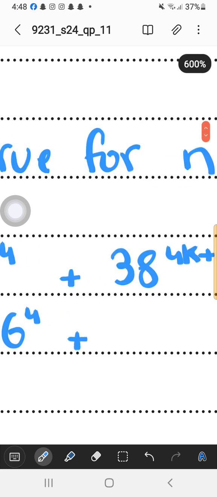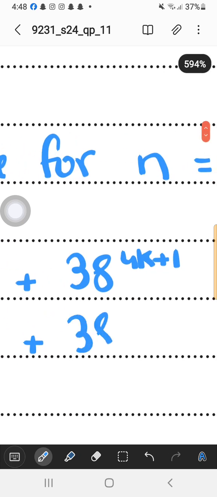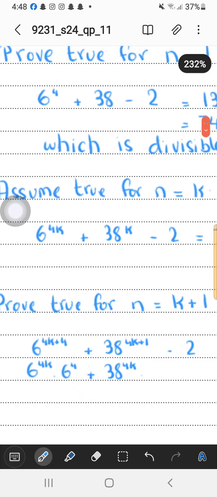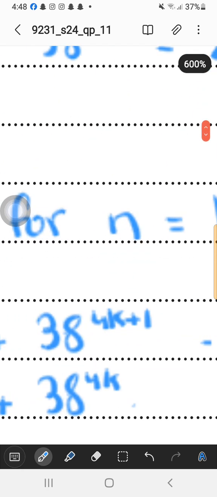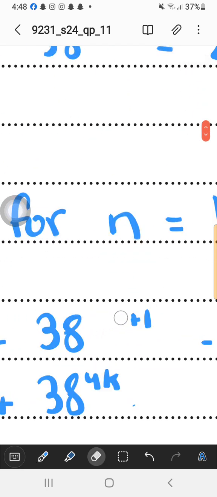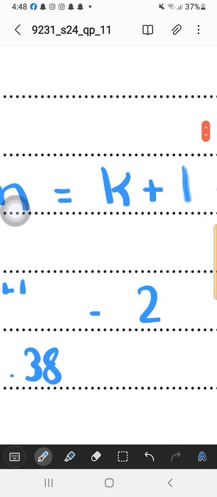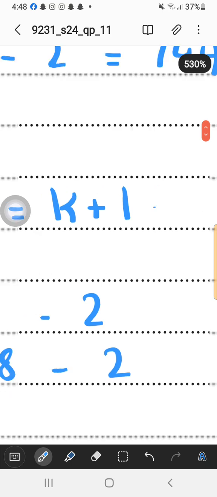Then here 38^k dot 38. I made a mistake here, it is k plus 1 only, not 4k. So 38^(k+1) is 38^k dot 38, minus 2.